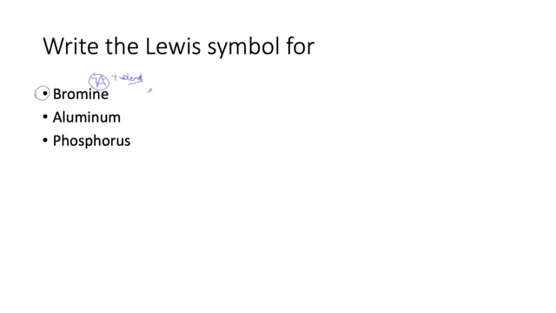So the first thing that we have to do for the Lewis structure of bromine is write down its symbol. Having the symbol, now I have to figure out how many valence electrons I am going to allocate. So it's 7. This is how we do it. We start at the top here. 1, 2, 3, and 4. We still have to put 3 more.